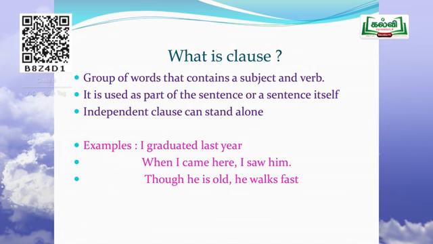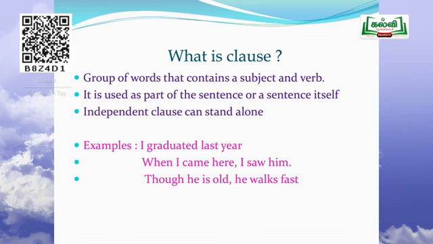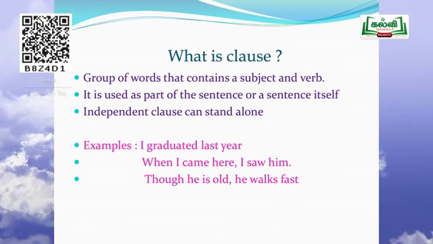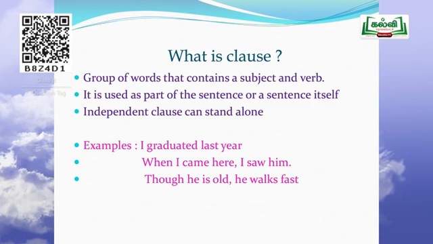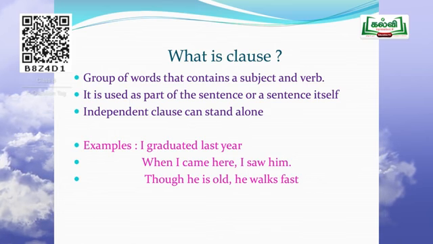Whereas the first part, when I came here, what happened? Even though it has the subject and the finite verb, it doesn't give complete meaning. It expects some other parts to join with it to give the complete meaning. So it is a subordinate clause.